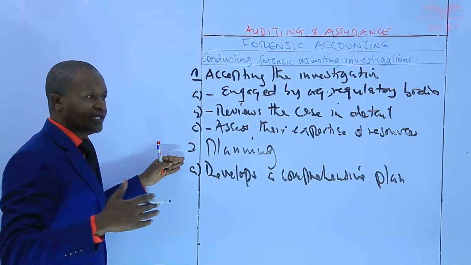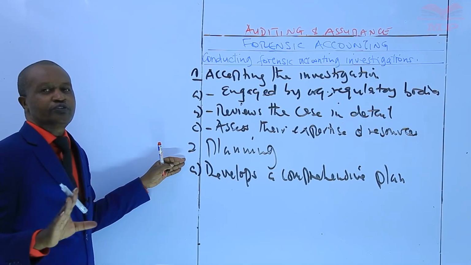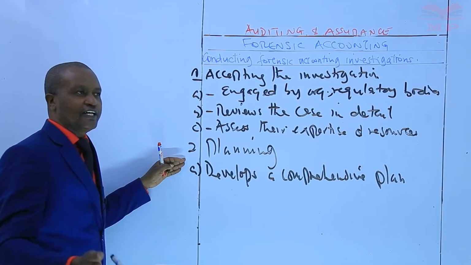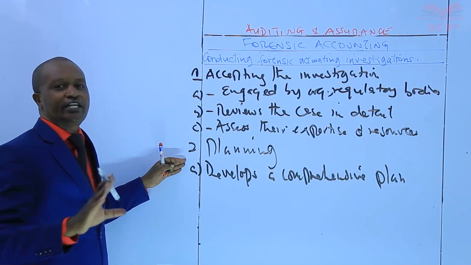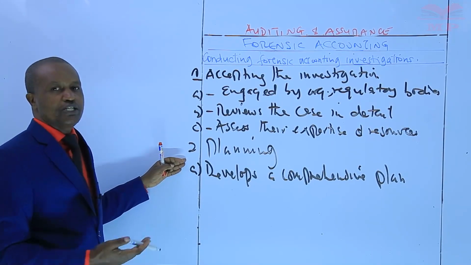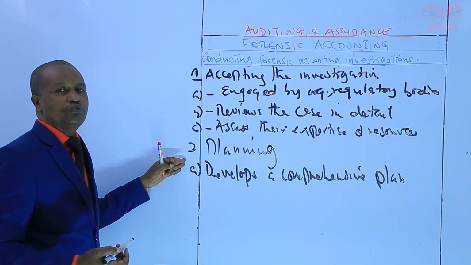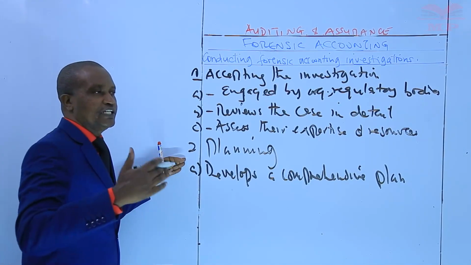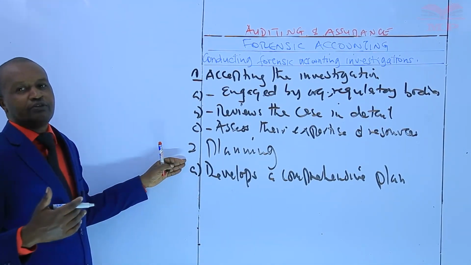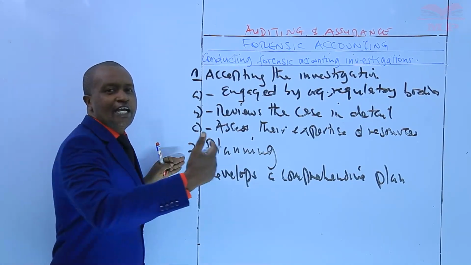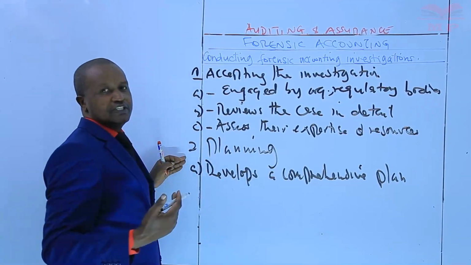And candidates, the planning phase involves identifying the specific areas or transactions to be examined. It may also involve setting investigative objectives. It may involve establishing a timeline for completing the investigation.